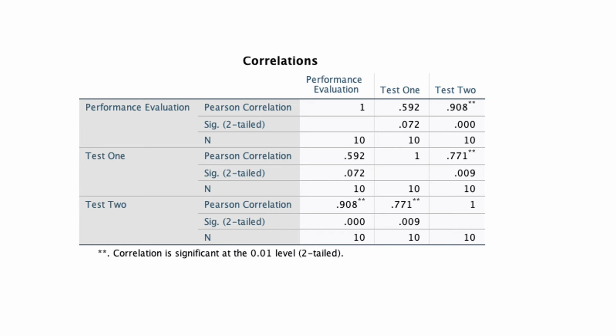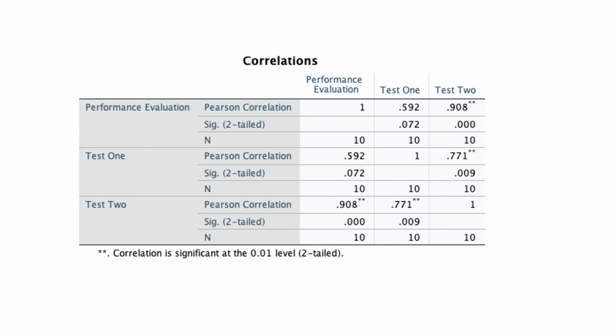And SPSS gives me a correlations output. So let's take a look at this really carefully. Each of the tools is correlated with the others. So here's performance evaluation being correlated with itself, with test 1 and with test 2.